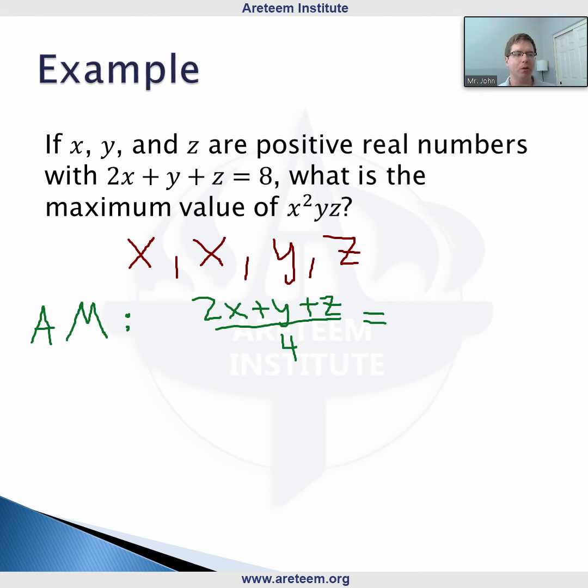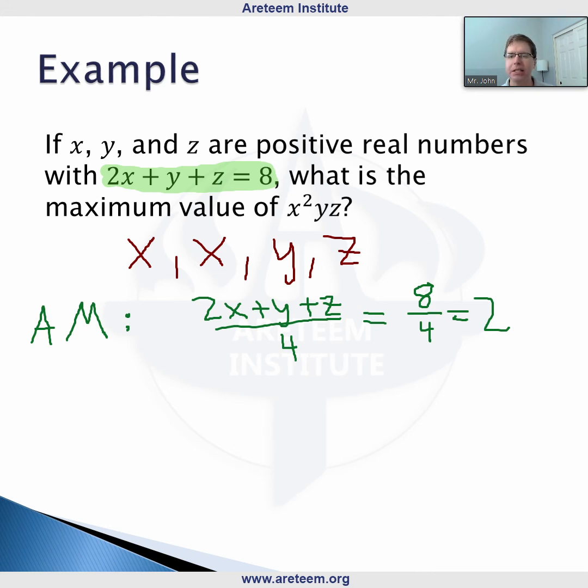One of the motivations here was that the problem gives us the sum. We are told 2x plus y plus z is 8. So this is 8 divided by 4, and we actually know that the arithmetic mean is equal to 2.